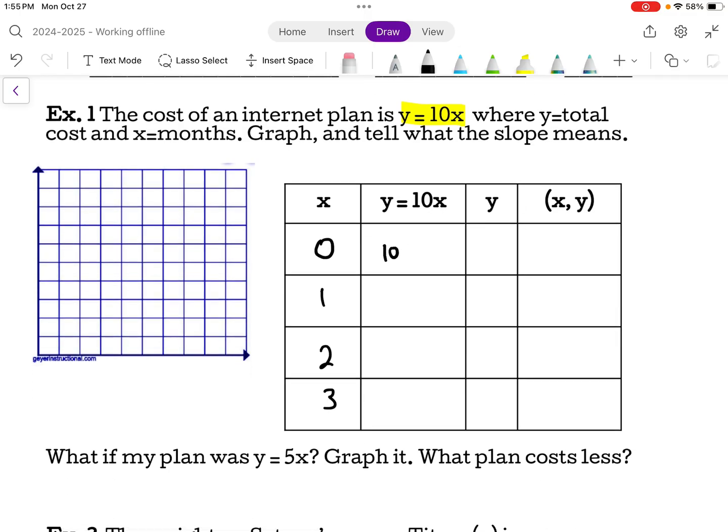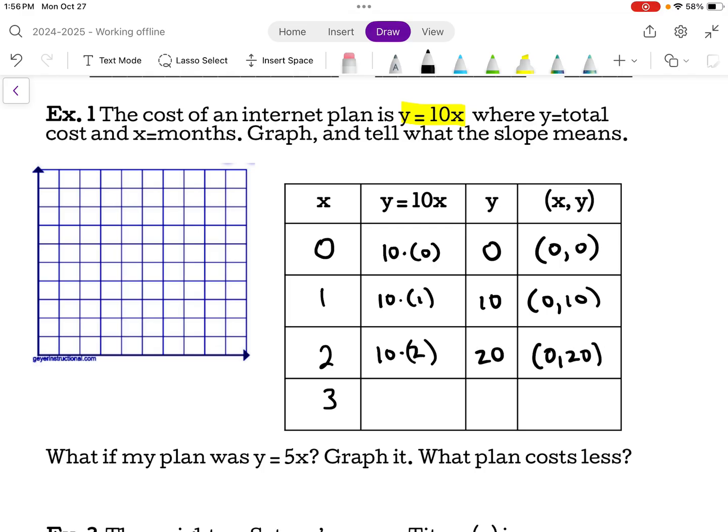So plugging it in, this would be 10 times 0, which is 0, and then there is my 0 point, which would make it a proportional relationship. And then I'll just fill this in: 10 times 1, 10 times 2, and then 10 times 3.